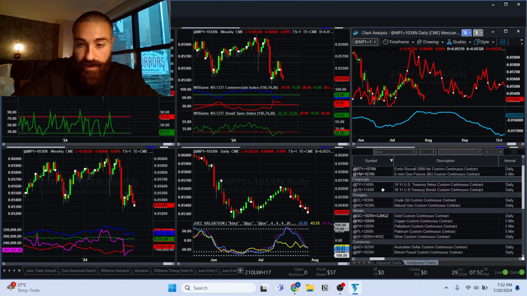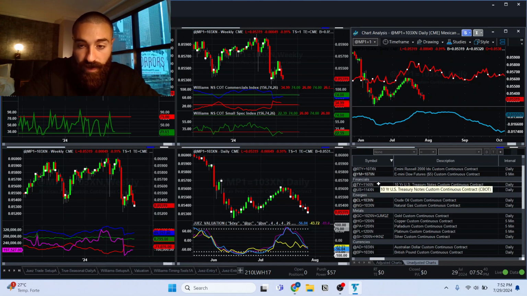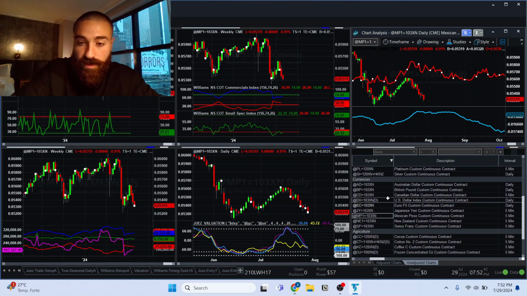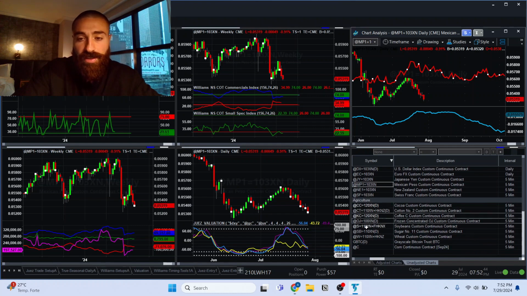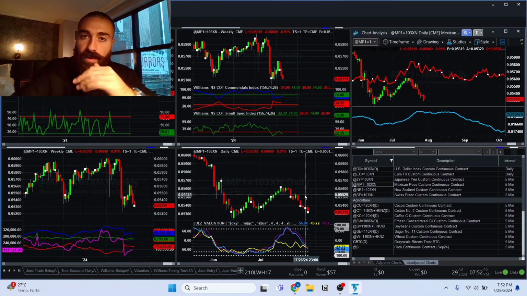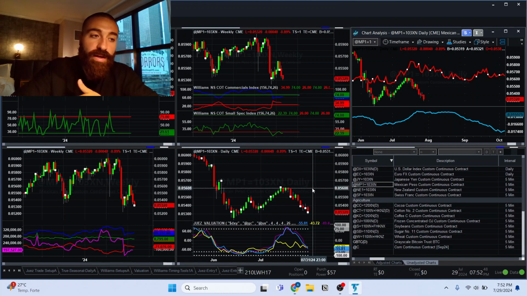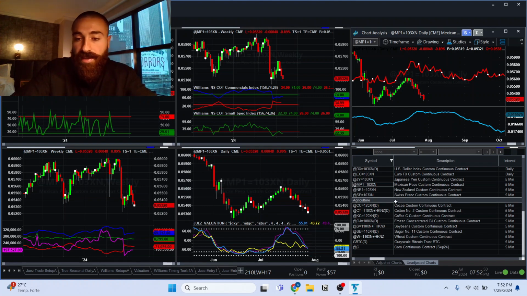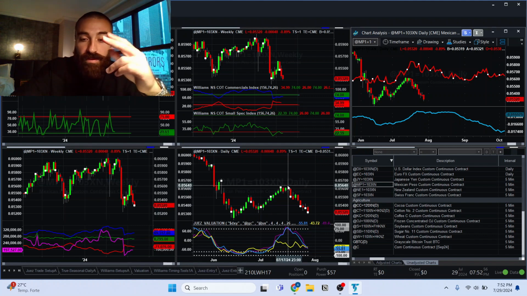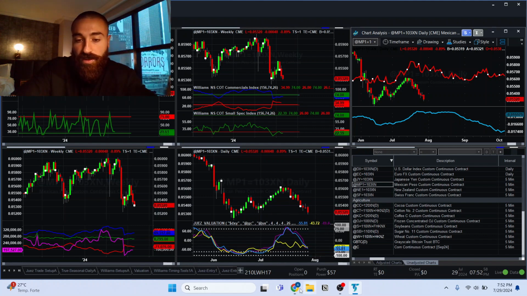I have indices, metals, energies, financials like bonds, and agriculture. I go through it one by one and pick the best one. That's why I trade so many assets, because I can. I have all these tools. I can choose the best trade for this week, or the best two trades for this week, and just trade those.